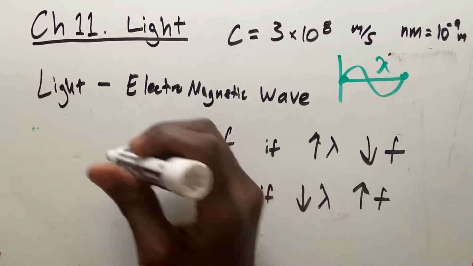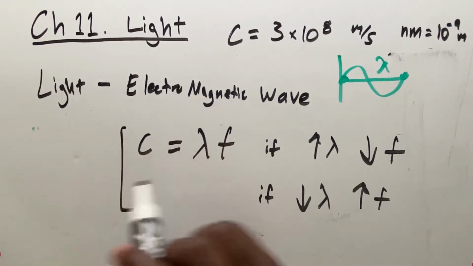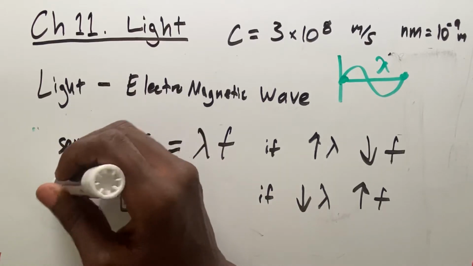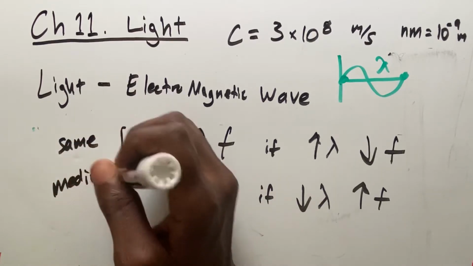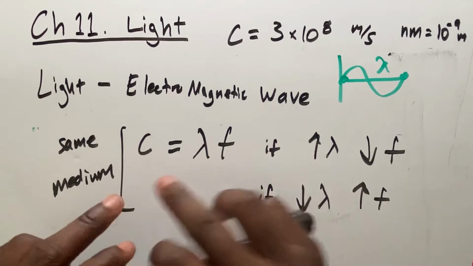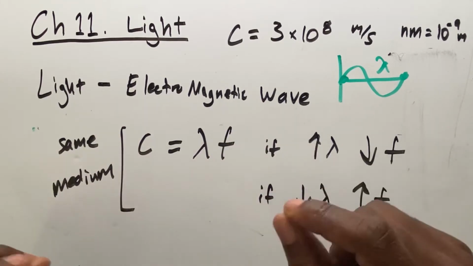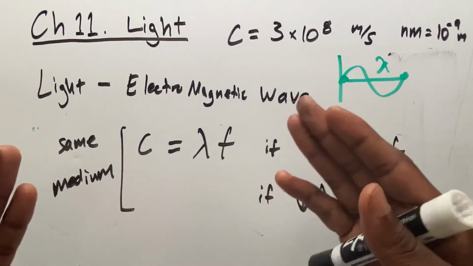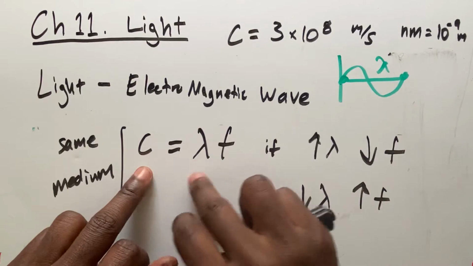And that's all while in the same medium. So same medium. And so if light travels in a different medium, then it will travel at a different speed. But when light is in air or in space, it travels at the speed of light.